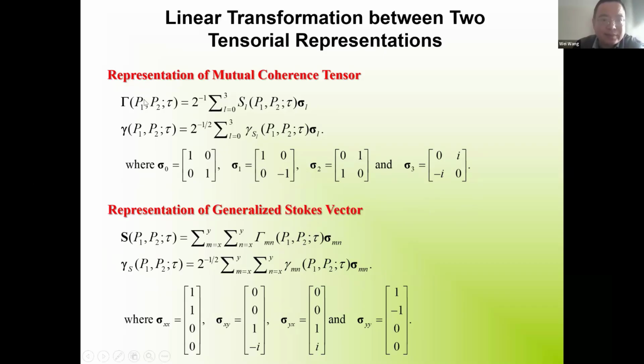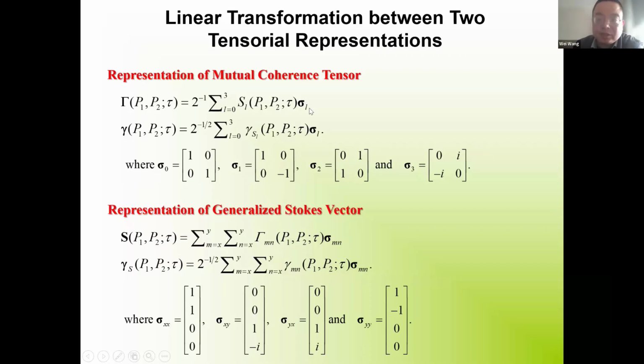From the components of the generalized Stokes parameters, we are able to represent the mutual coherence tensor in this way.